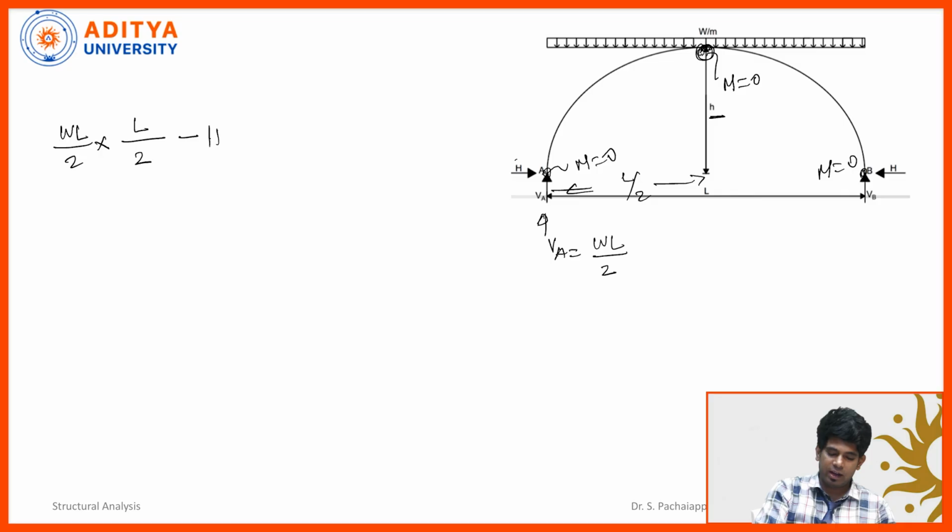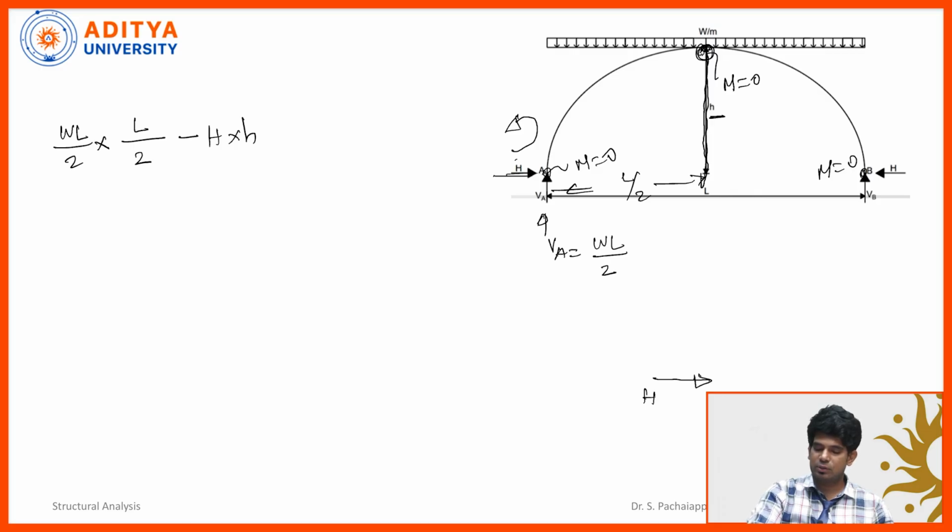The reason is that this H is rotating in an anti-clockwise direction. The force is horizontal and the distance is along the vertical axis. I will draw a clear diagram here. Our horizontal force is acting along the x axis, and this is the height of the arch. Force multiplied by the perpendicular distance is a moment, so H into small h.